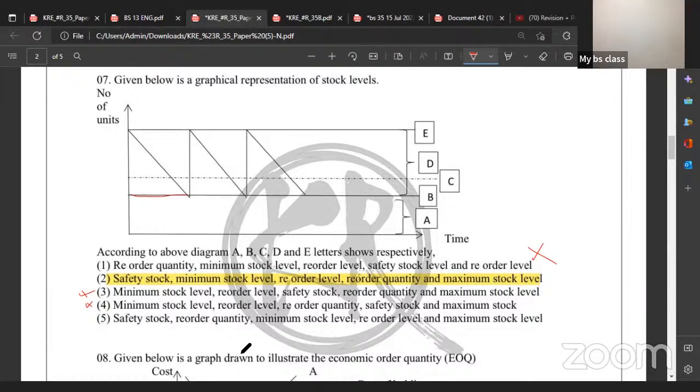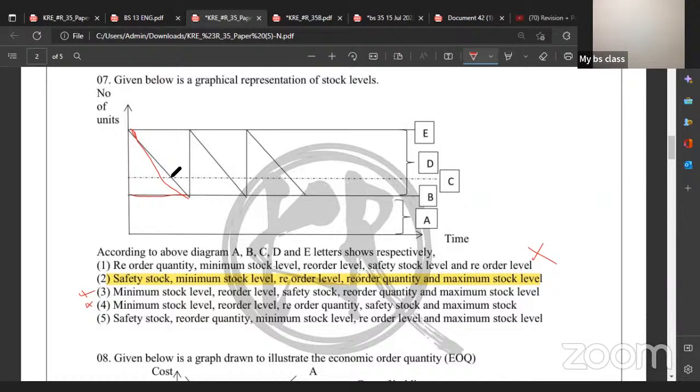That is what you will maintain. And C is your reorder level, because you cannot just wait until you reach the minimum stock level to order, right? Prior to reaching the minimum stock level, you need to have some idea for you to make an order.